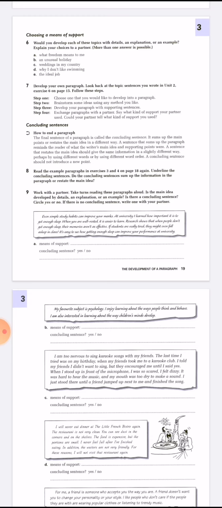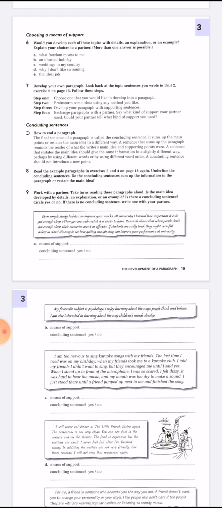زين, we come to number 8. Read the examples in exercises 3 and 4, page 18. Underline the concluding sentence. Do the concluding sentences sum up the information in the paragraph? So you have to read the example paragraphs, go to exercises 3 and 4, and find the concluding sentence.